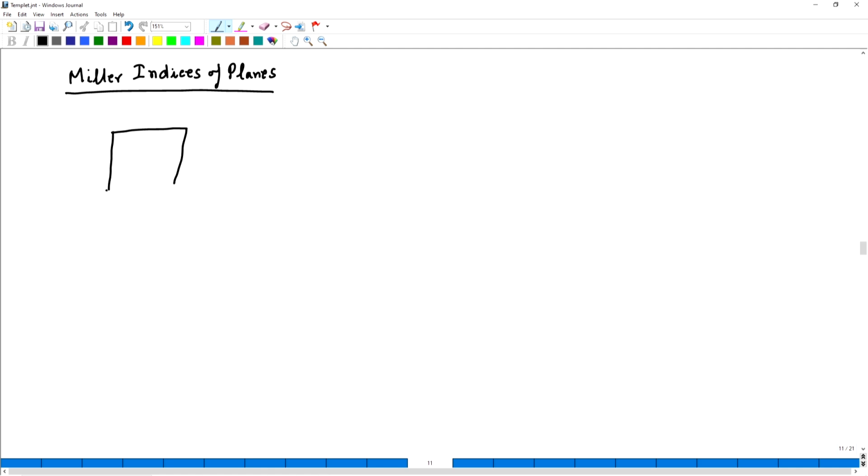Again, I am taking an arbitrary unit cell. Do not go by the shape of this unit cell that this is a cube. It can be a rhombohedral, it could belong to that orthorhombic unit cell, triclinic, anything.